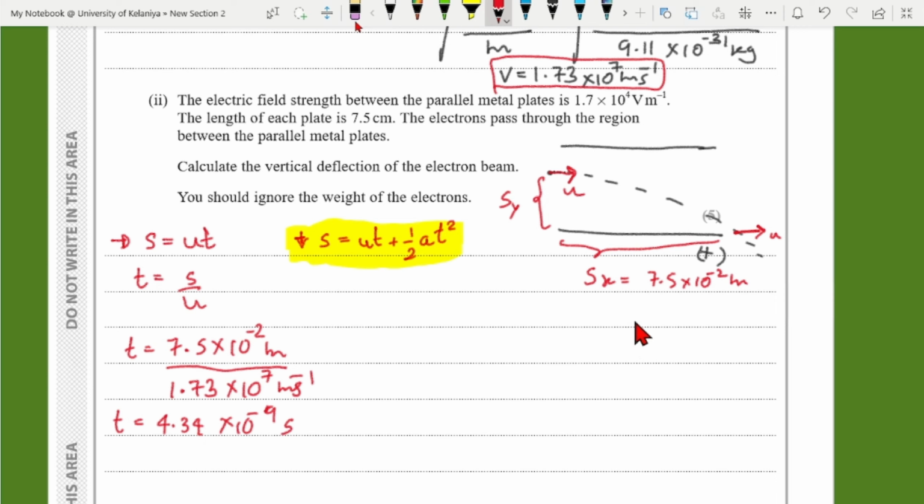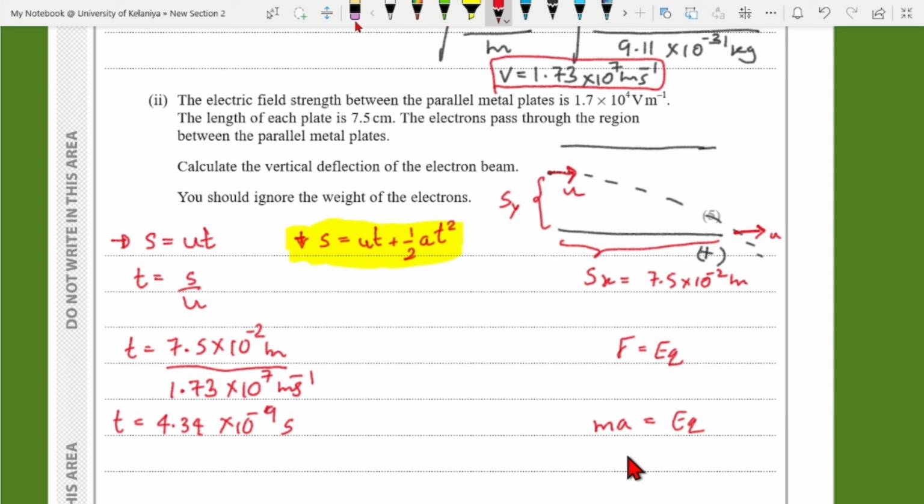I hope you remember that equation, F equals EQ. By using this equation I can calculate the force. If I know the force, then ma is equal to F, or EQ. So what I can do here is calculate the acceleration.